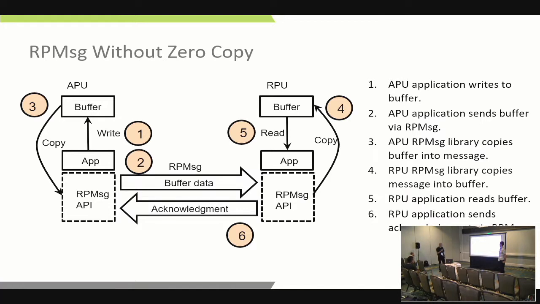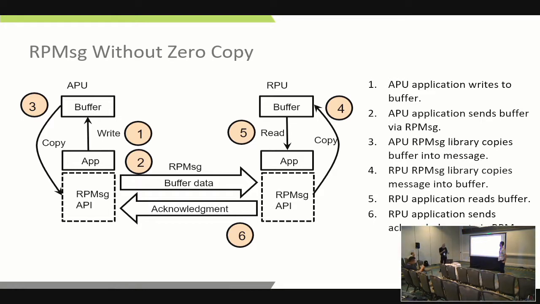So the APU writes something to the buffer, then sends it via RPMsg. The RPMsg library copies the buffer into the message, and then on the other end, the RPMsg library copies the message back. The RPU reads the buffer and then sends an acknowledgement. So there's a bit of copying and a number of steps.